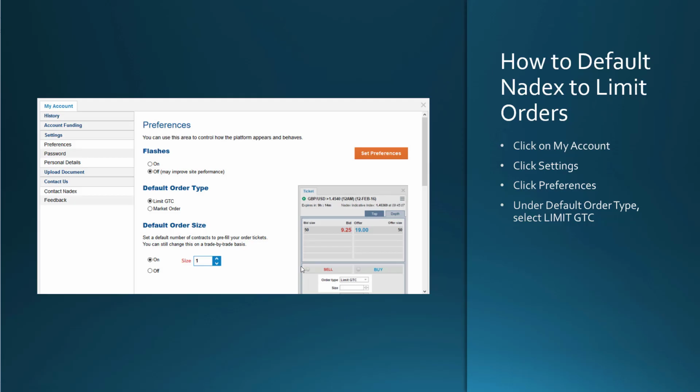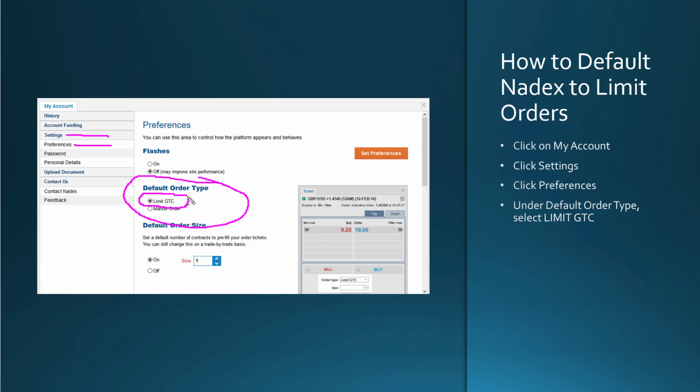Now, the next thing is, how do you default Nadex to limit orders? It's really, really simple. First, you click on My Account, and then you will click on Settings. From there, you will go to Preferences, and right here in the middle of the screen, it says Default Order Type.